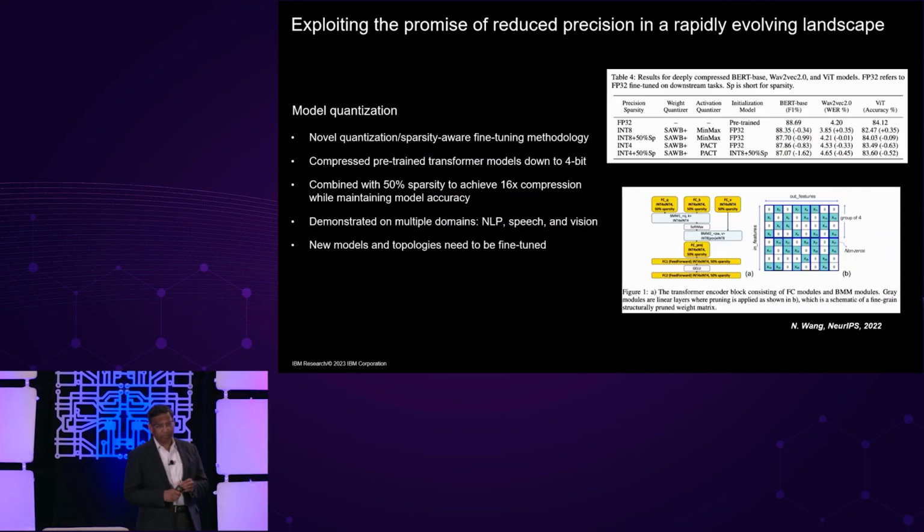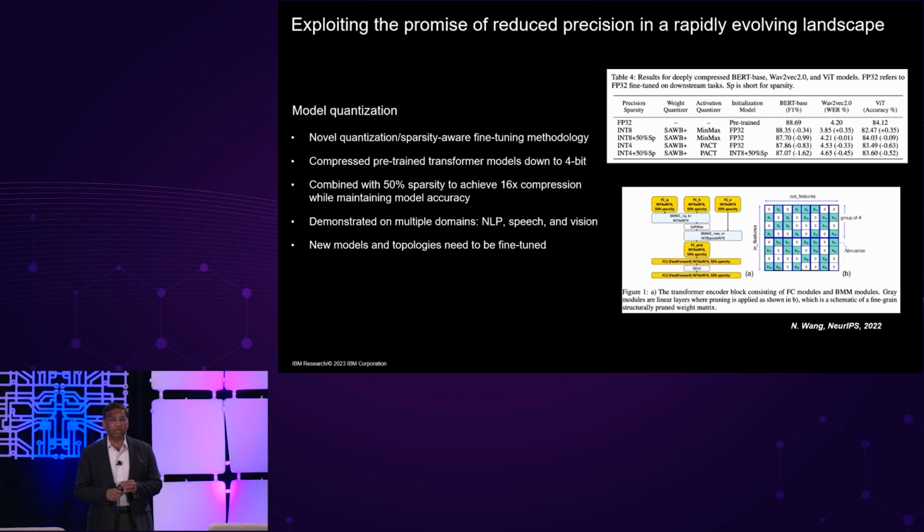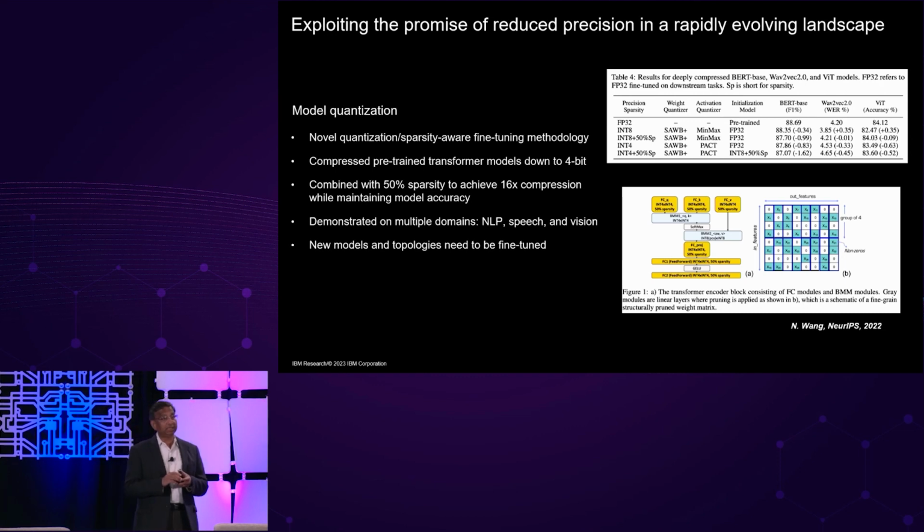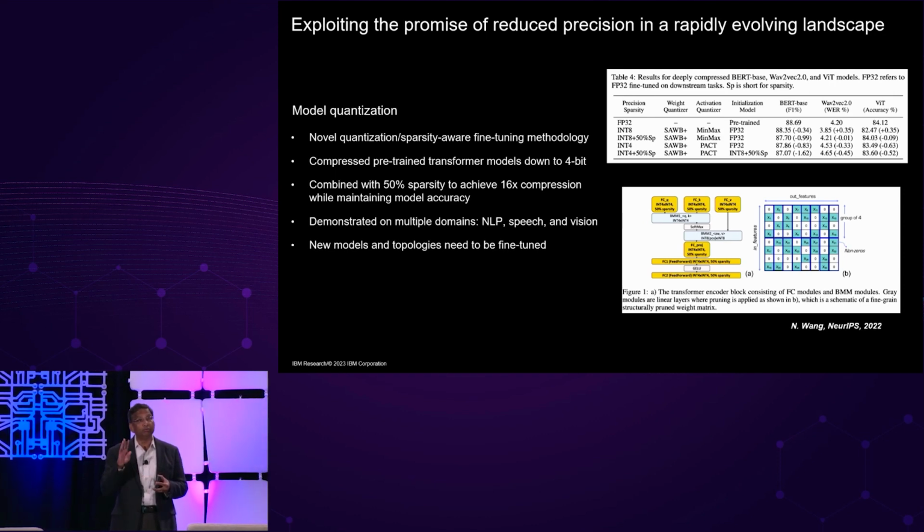Now, very recently, we published a paper where we are exploring the promise of reduced precision in the transformer model domain, where we are developing new quantization and sparsity technology for fine-tuning. Especially, that's an area of high interest. And we are able to compress pre-trained transformer models to 4-bit.